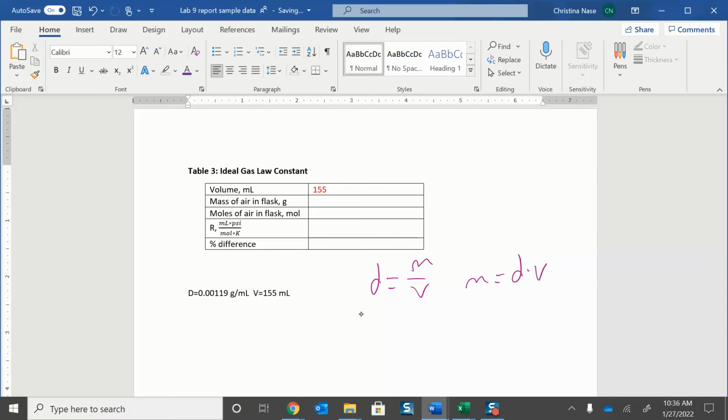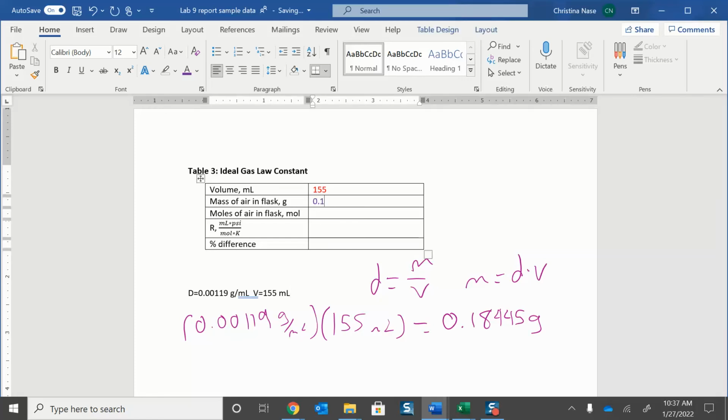I just have to multiply those two things together: 0.00119 grams per milliliter times 155 milliliters. When I work that out, my milliliters cancel, I end up with grams, and I got 0.18445 grams. So that's the mass of the air. I'm going to put that here, 0.18445, in grams.